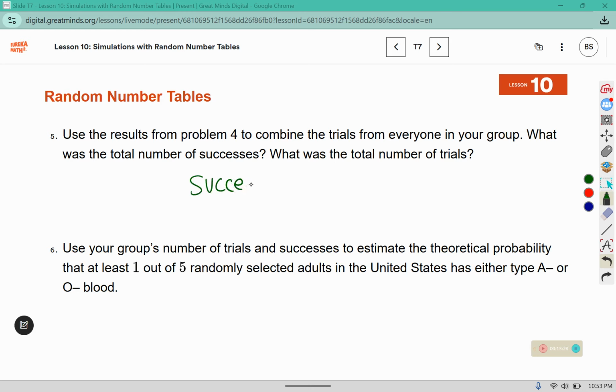So we're counting up all of those successes. And I had 1, 2, 3, 4, 5, 6, 7, 8, 9 successes out of 15 of our trials.